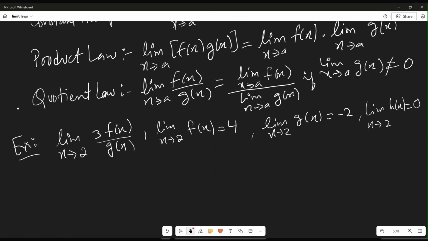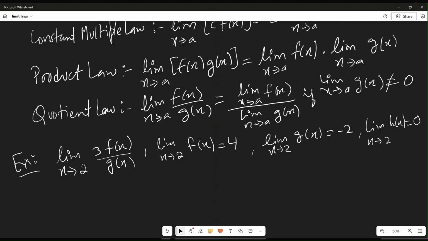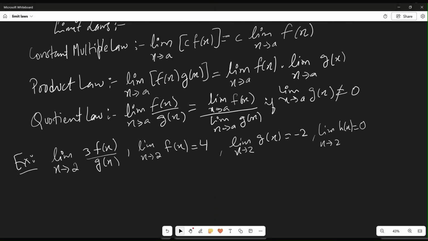So based off the criteria that we have, looking at this very first example, the limit as x approaches 2 of 3 times the function divided by g(x). Just looking at this, even though the quotient law is going to apply on this limit, in the numerator we can see the constant multiple law is being applied here.